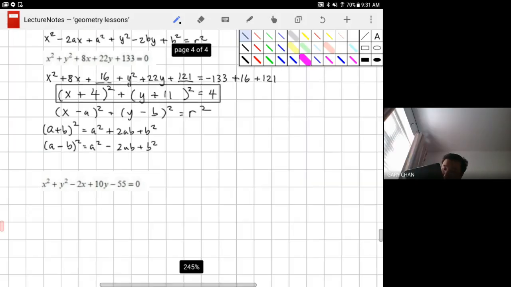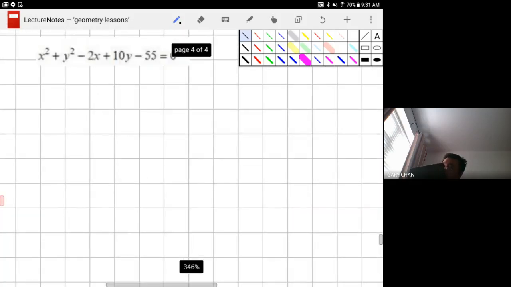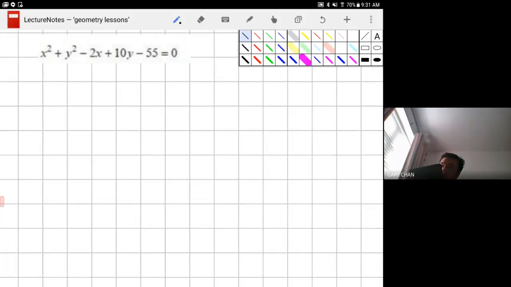Right. So here, we're going to rearrange all the x's together, and all the y's together. So I have x squared minus 2x, and then we left a space here. And then we do the same thing with all the y's.